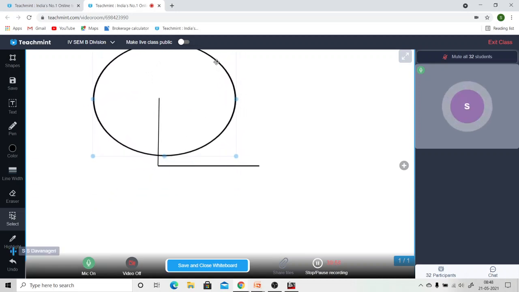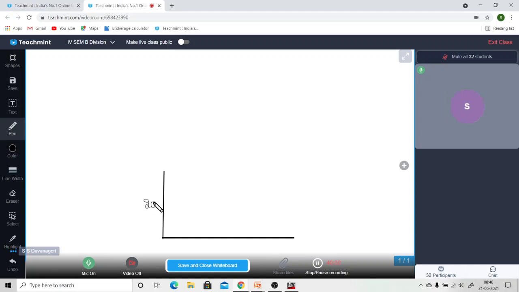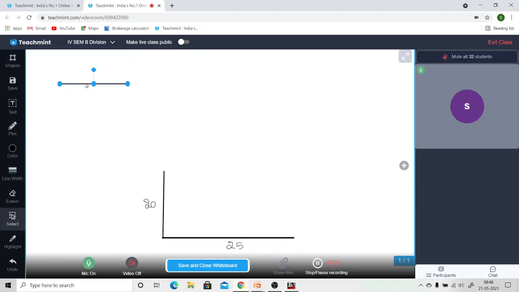Normally you draw an arc. So now this dimension is 20 mm, and this dimension is 25 mm. Now you should draw an arc here.